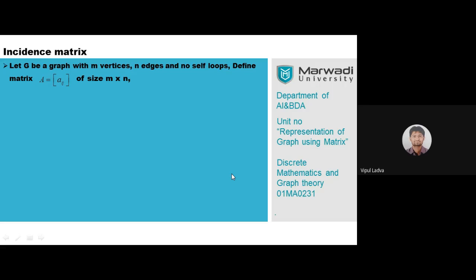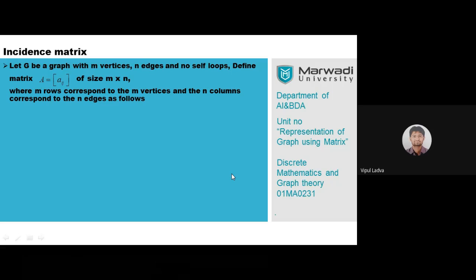So our matrix will be a kind of rectangular array where number of rows will be equal to number of vertices and number of columns will be equal to number of edges. अब उसमें भी एंट्रीज तो हम दो ही अलाउ करेंगे, 1 और 0 कैसे? Where m rows correspond to m vertices.